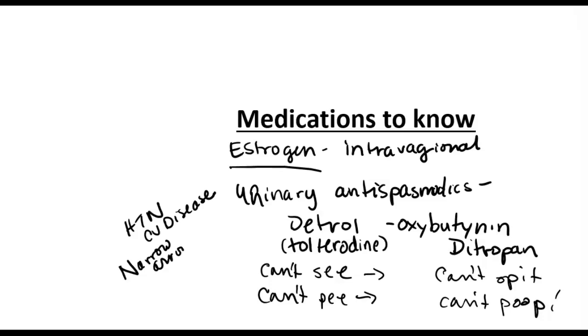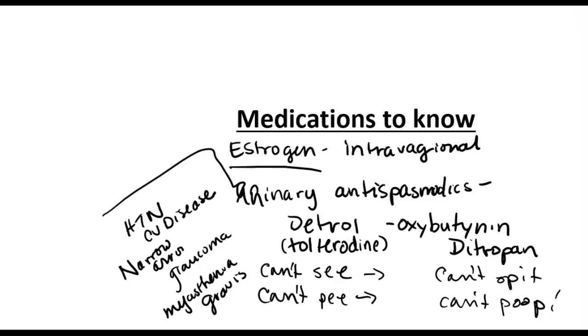And also myasthenia gravis. Those people should not be taking this med. You might see people with hypertension. Remember, that's not an absolute contraindication, but the doctor would have to assess the patient for the risk versus benefit and what could happen.